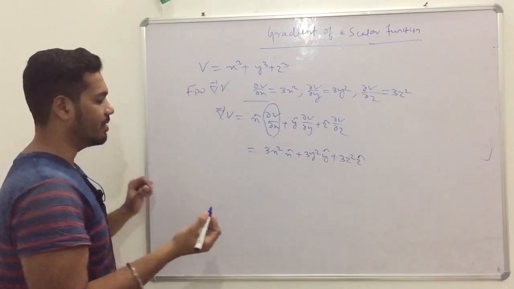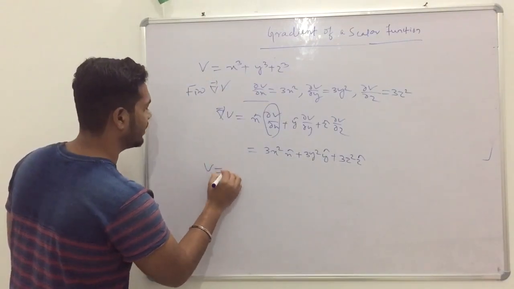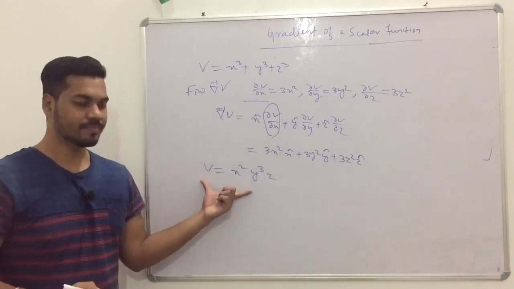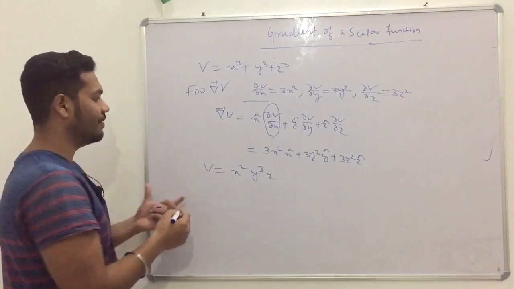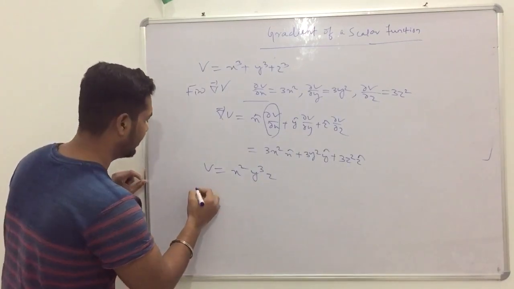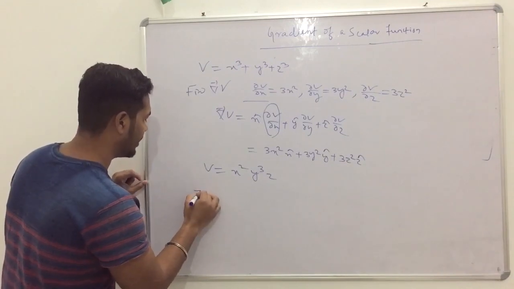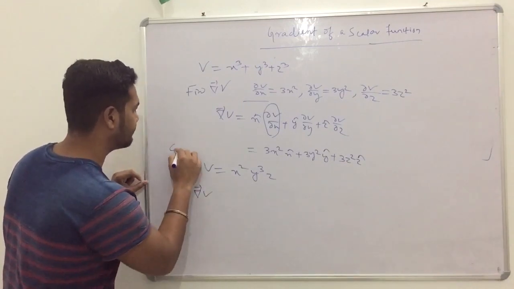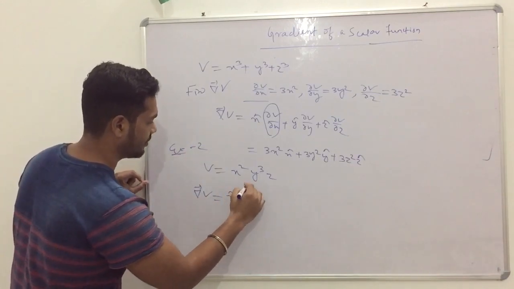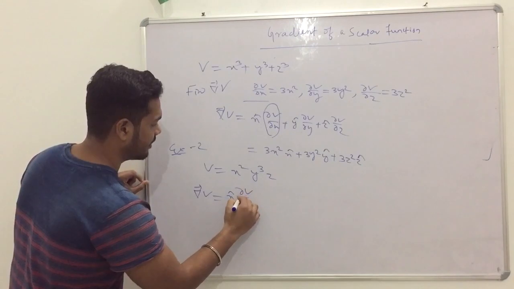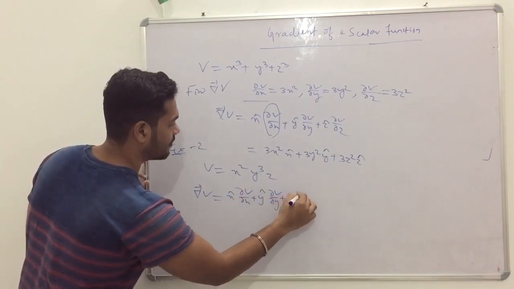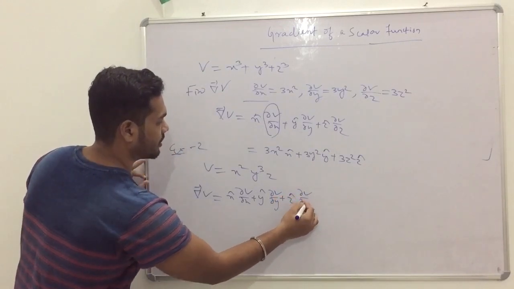Let's take another example to better understand. V equals, say, x square y cube z. So this is a scalar function given and you have to find its gradient. How can you find that? You just apply the same formula: the gradient of V is x cap del V upon del x plus y cap del V upon del y plus z cap del V upon del z.